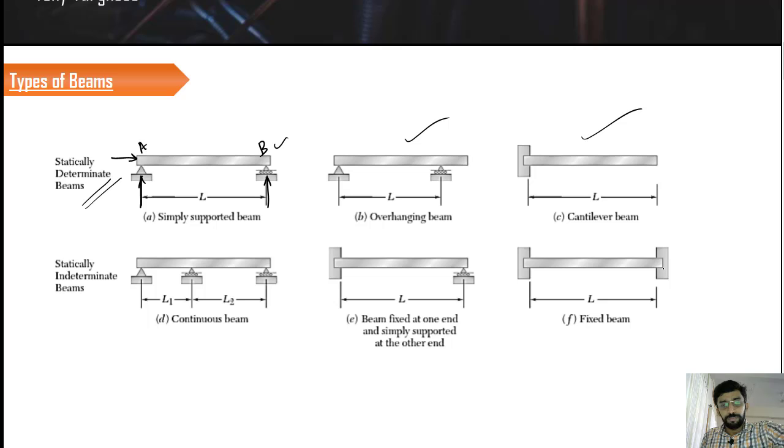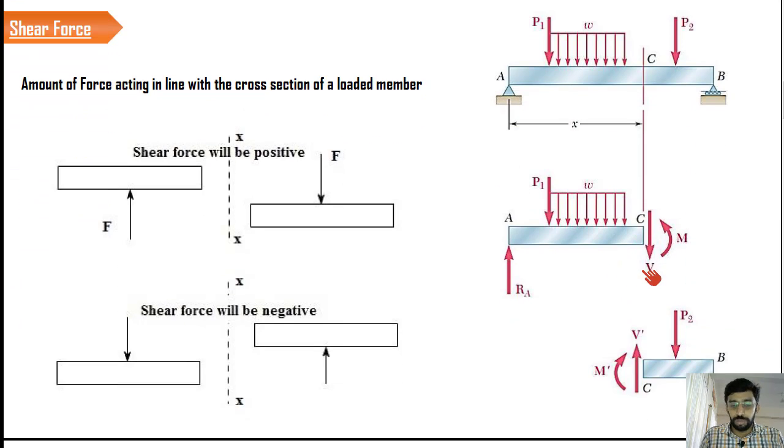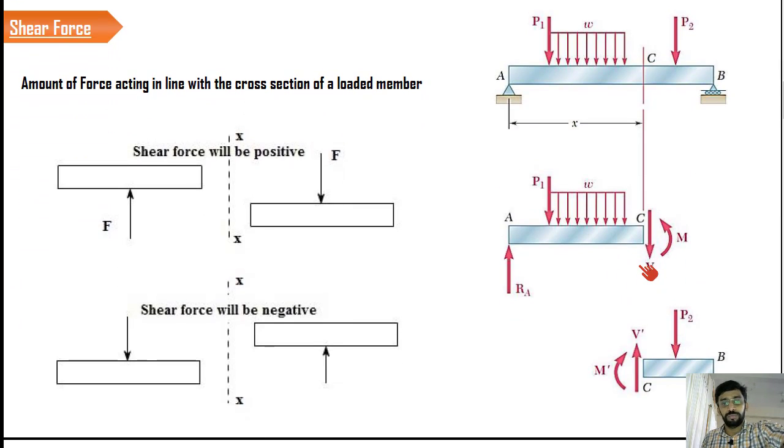Now let us move forward and discuss the shear force. What exactly is the meaning of shear force? If you take a beam like this, we can see that two point loads, P1 and P2, are acting at two different points, and you have a UDL, some particular newton per meter; it can be kilonewton per meter also.